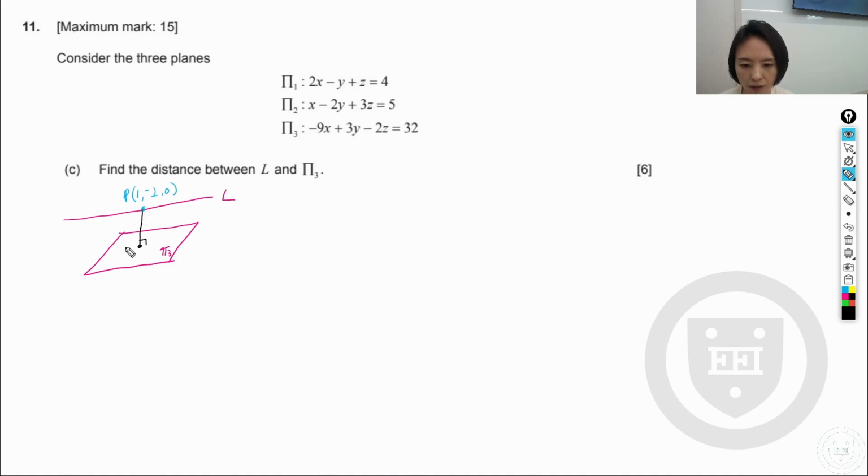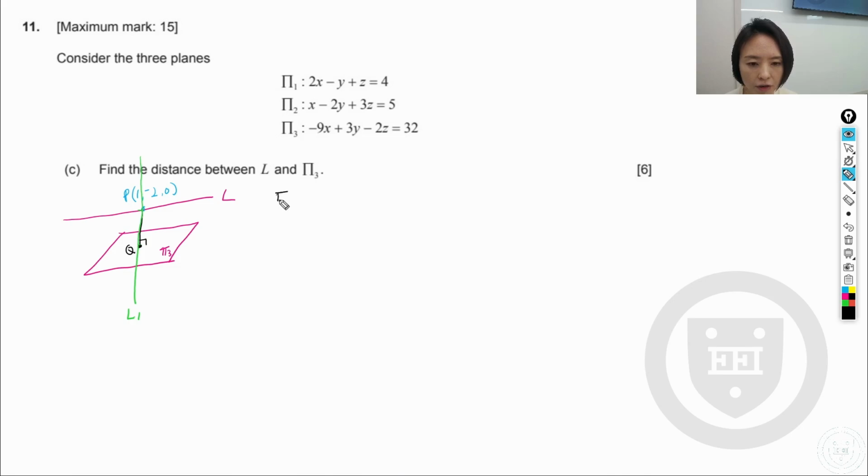Let's call the foot point Q. If we find the line equation L1, then we can find Q, and then we can find the length between P and Q. Let's first find the line equation of L1.